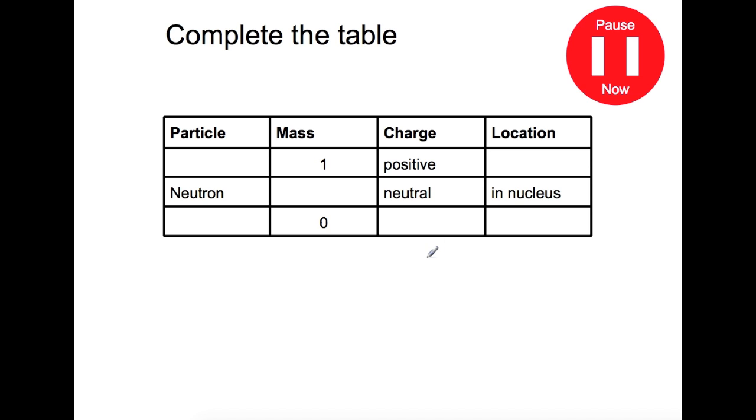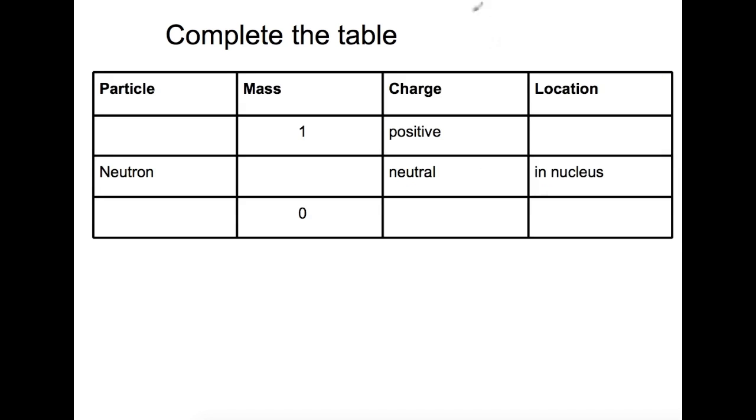Using the information from the previous slides, try and complete this table. Pause the video now. So this first column here is looking at particle, then we have mass, charge and location. We already have the neutron particle filled in.